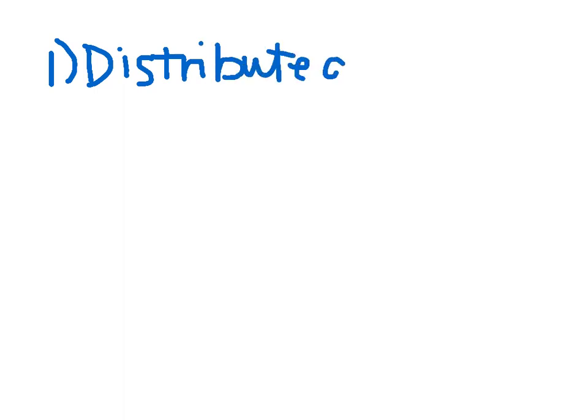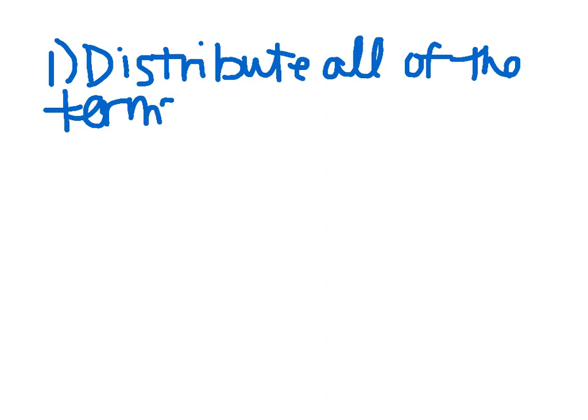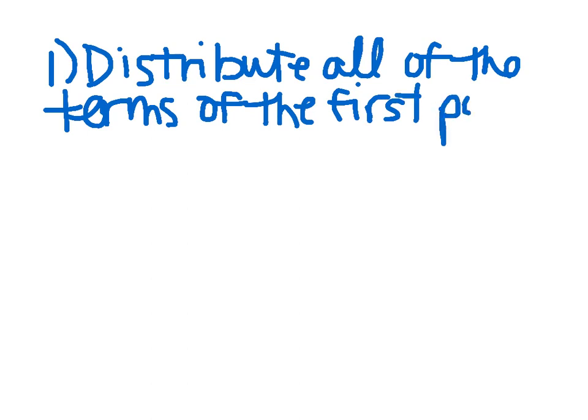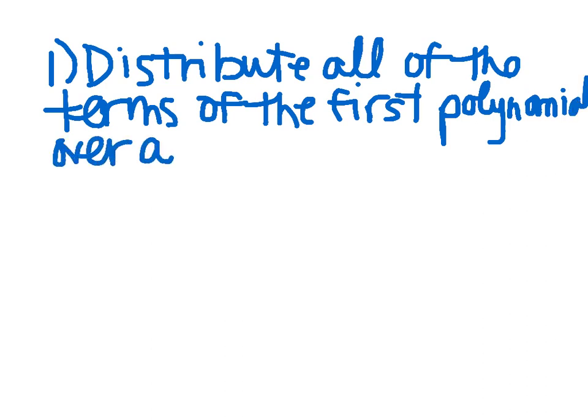So let's write down how to multiply a polynomial by a polynomial. The first thing you want to do is distribute all of the terms of the first polynomial over all of the terms of the second polynomial.